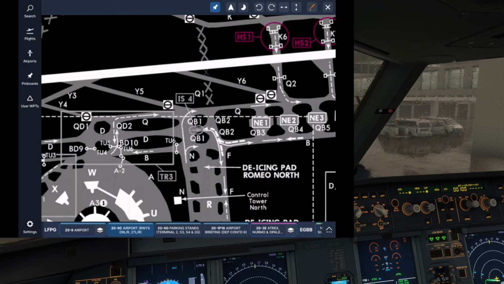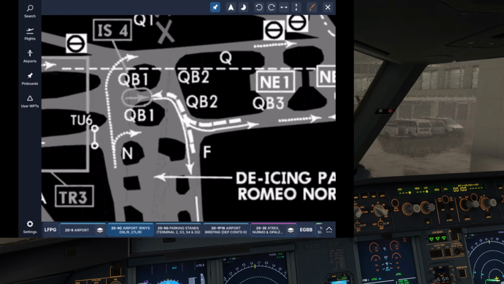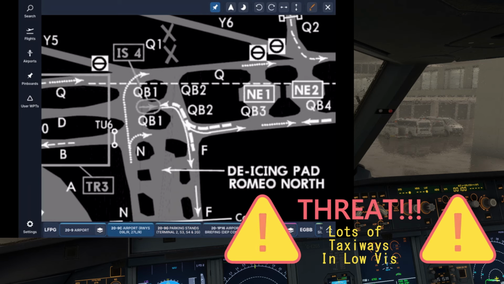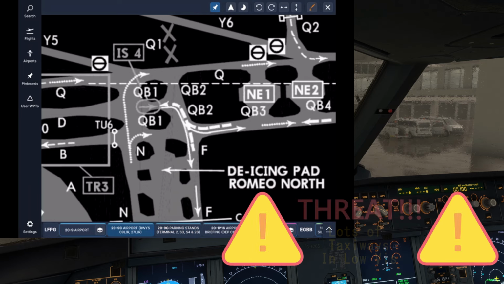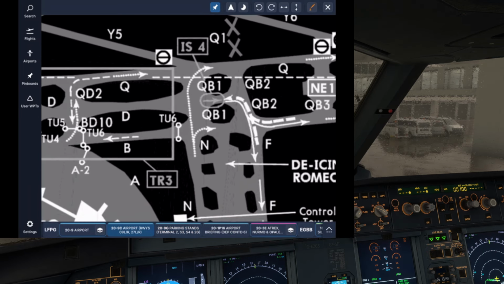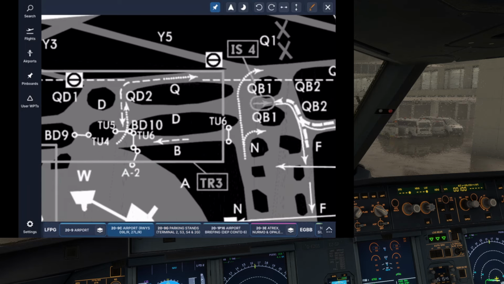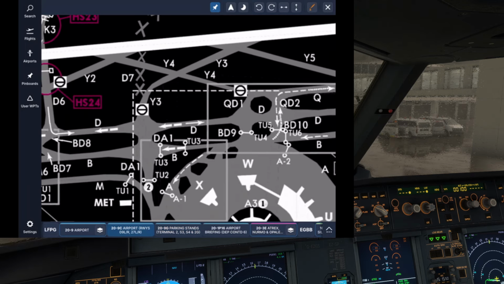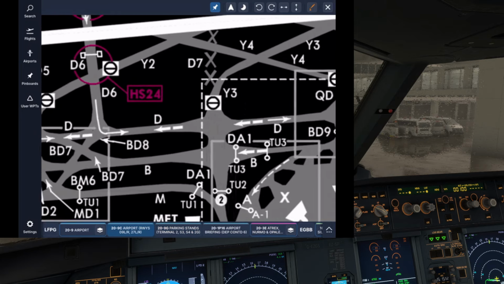That then takes us, and we need to be very careful here, as I presume they're going to send us this way, a left turn here to Quebec Bravo 1. And then that brings us here on to Delta, again following these thick double broken arrows that you can see.